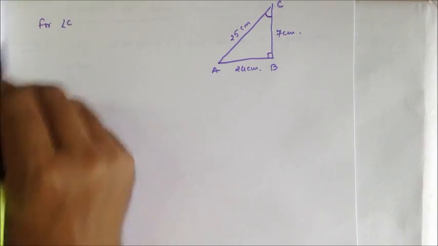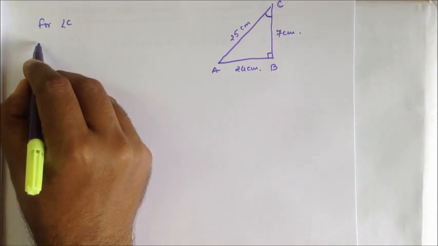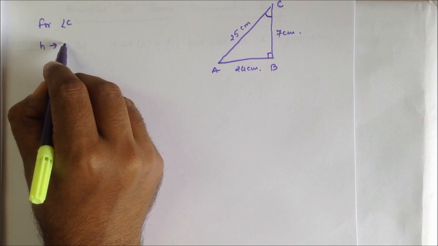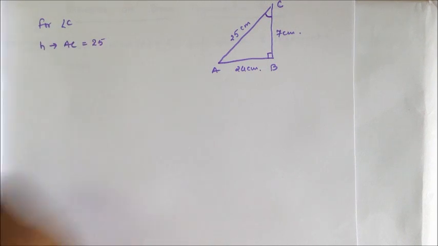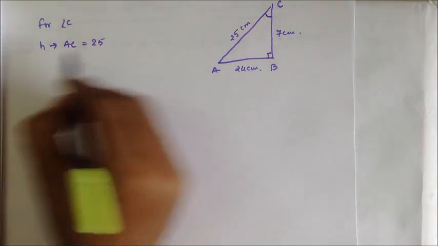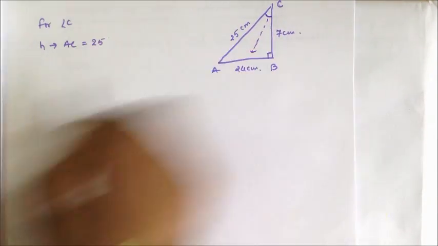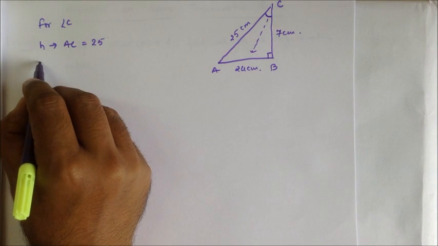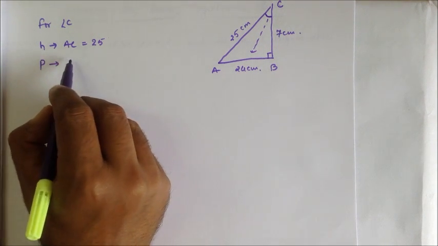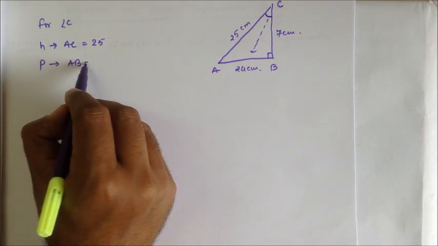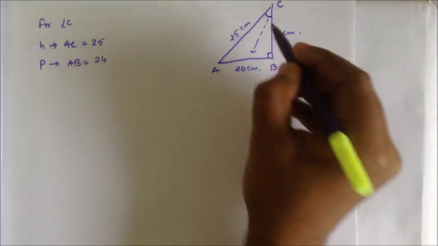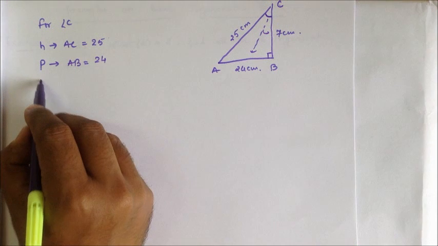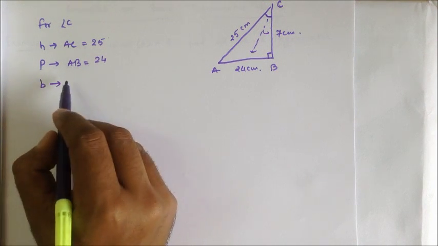For angle C, the hypotenuse would be AC, which is of length 25 centimeter. The side in front of it, which is AB, would behave as the perpendicular. So AB is the perpendicular of length 24 centimeter, and the side adjacent to it would act as the base.